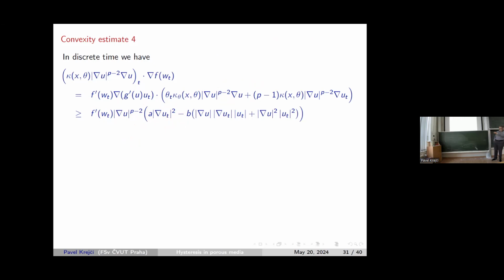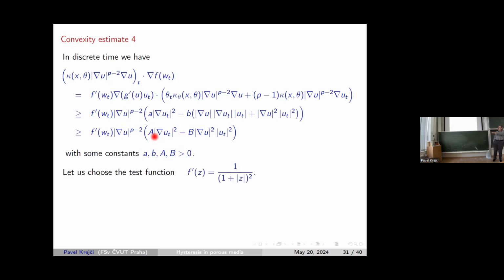Now the term in the middle can be eliminated by the Cauchy-Schwarz inequality, and then we eventually get an estimate. If we are able to find some constants, capital A, capital B, such that the flux term is bounded from below by f prime of w_t, the gradient to the power p minus 2, and then there is this unpleasant term with the minus sign, which is certainly not dominated by the term multiplied by capital A. But we still have some freedom to choose the function f prime.